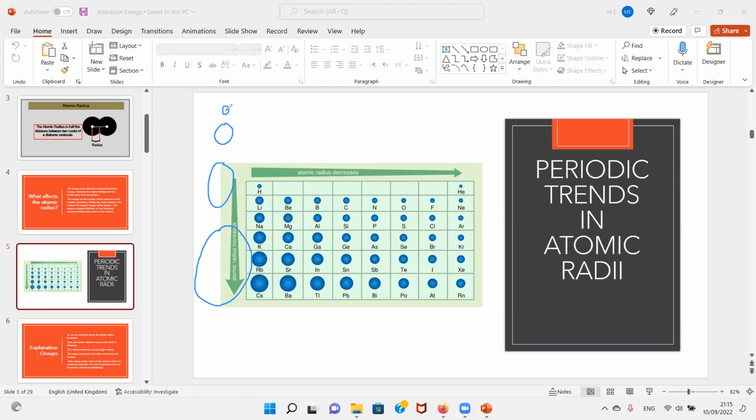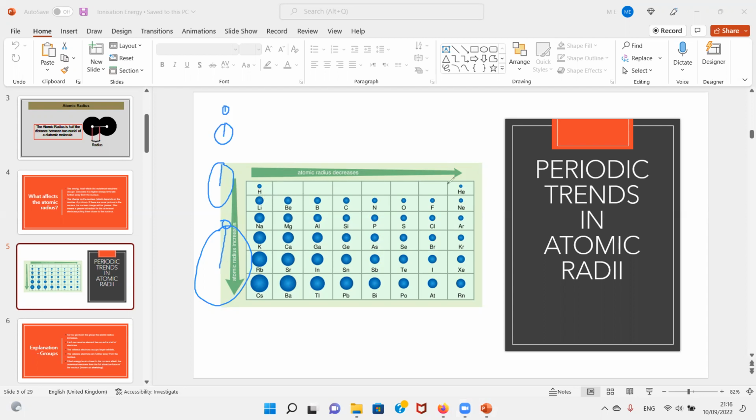As you can see, the distance between the nucleus and the outermost shell electrons is increasing. And as it is increasing, the attraction between this electron and the positive charge decreases.